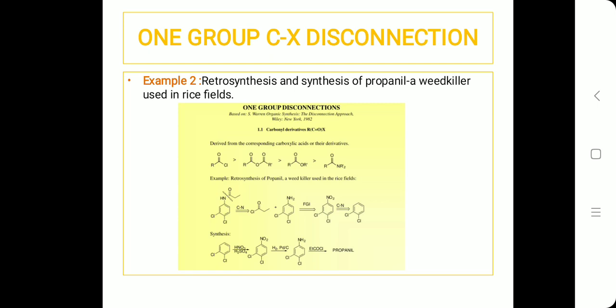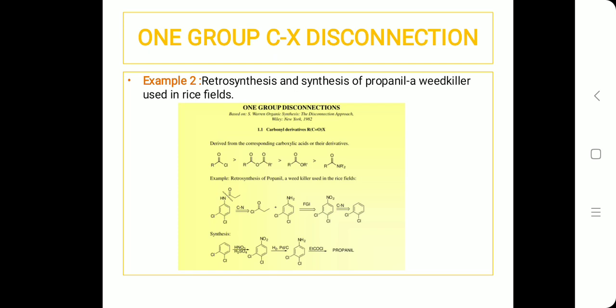So C-N is what we're going to write above the retrosynthetic arrow, and below that we're going to write nitration. So now when there is a C-N bond disconnection, the final product we are going to get after the retrosynthesis is dichlorobenzene. So this is the starting material, dichlorobenzene.